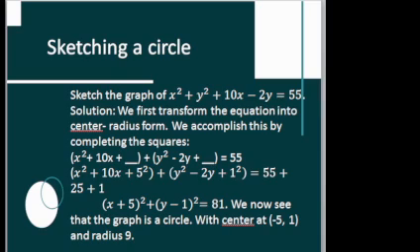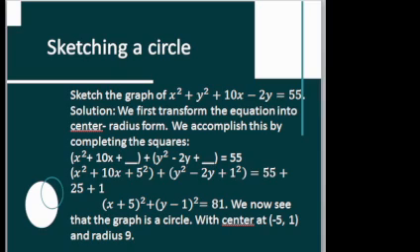Because the middle term of that perfect square trinomial is also minus 2y. So if we are going to find the binomial factor for that, it's also negative. So we have y minus 1 squared is equal to 81. Why is it 81? We have 55 plus 25 plus 1. And the total is 81.